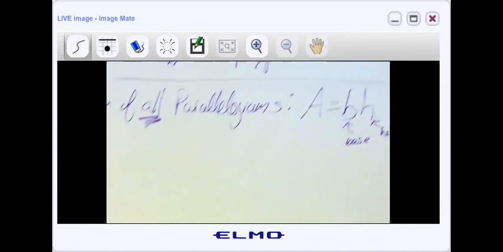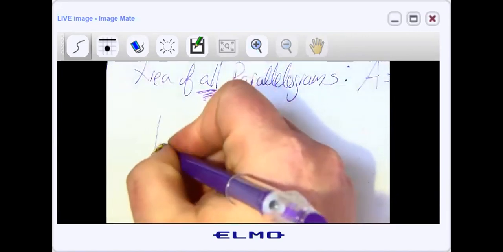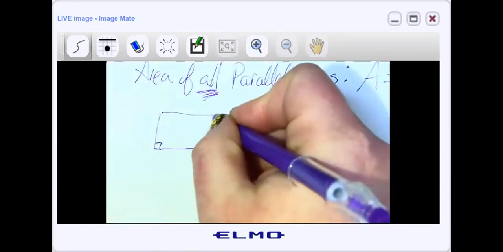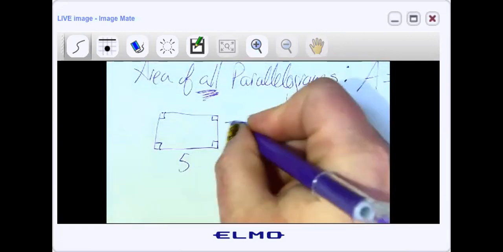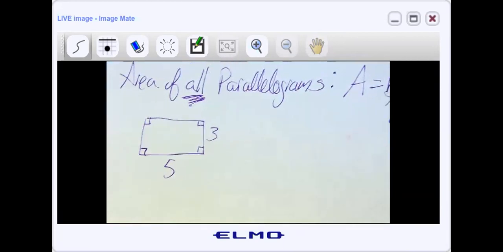Okay, all right. So when you have a rectangle, to do base times height is really no big deal, because you just take this rectangle, and the base and the height are just the two sides. So if this were 5 and this were 3, now you know the area of this whole thing is 15. Actually, let's throw in the units here too.